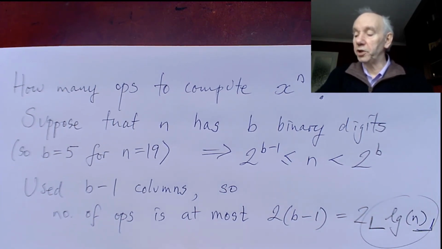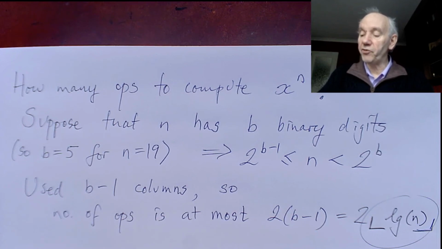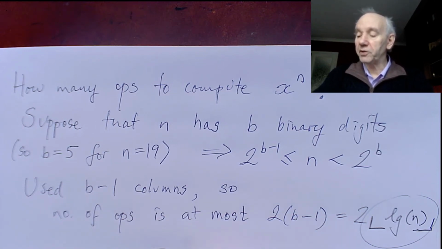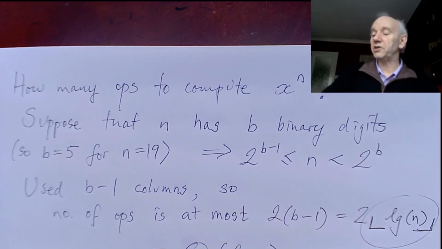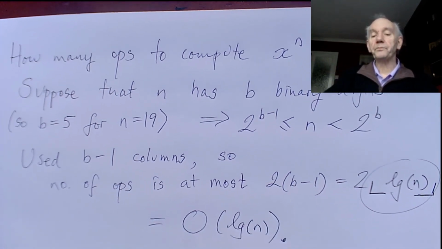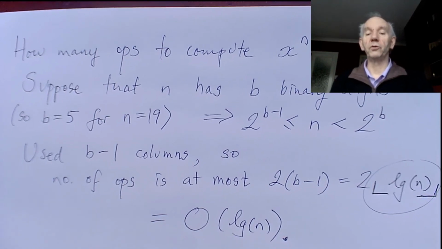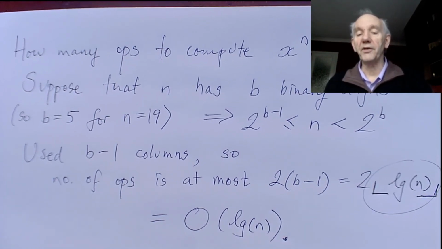So the conclusion is that the number of operations is of capital order, capital O, of log to base 2 of n. That's the final result, and it means that this algorithm uses what's called log time, if you can understand that each operation really, roughly speaking, will add to the time taken.